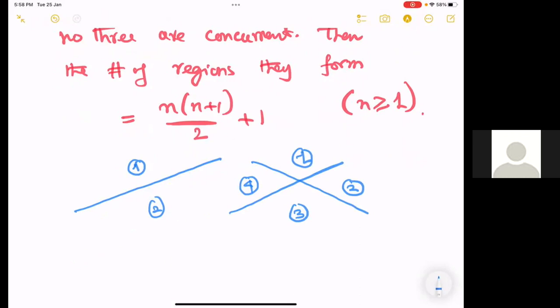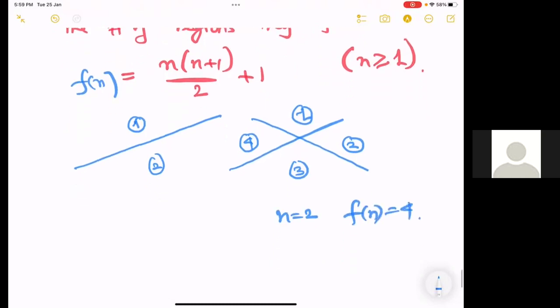Okay, how do you do it? Think about it. Check that for n equal to 2, let's call this value fn, equal to 4. Think about it in a simple geometric manner.